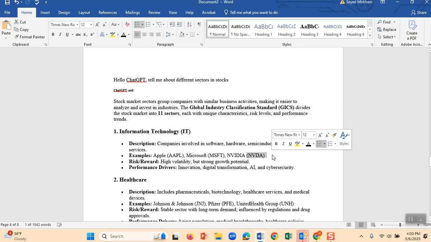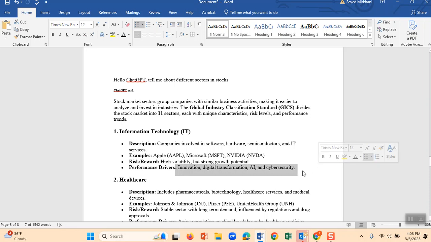A few months ago, as soon as Donald Trump got elected, one share became $400 because they thought Elon Musk and Trump were going to get along well. And then time has passed, and suddenly the 400 has dropped to 200-something. Therefore, these are the performance drivers and the issues that are behind them.